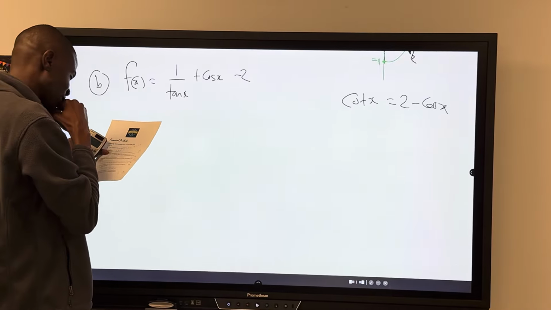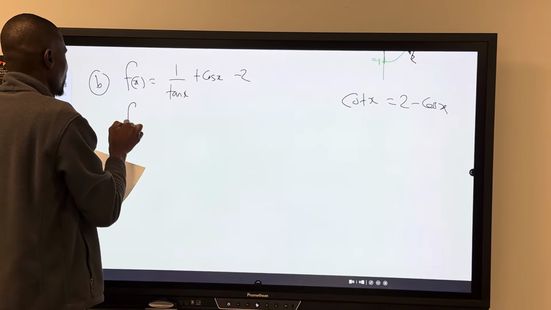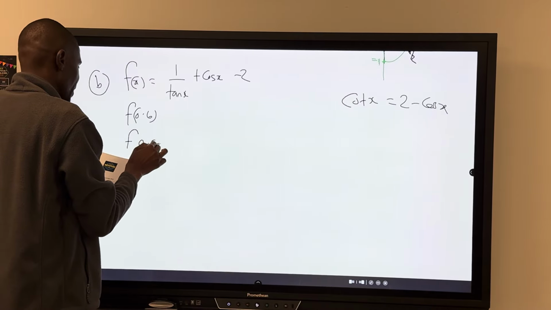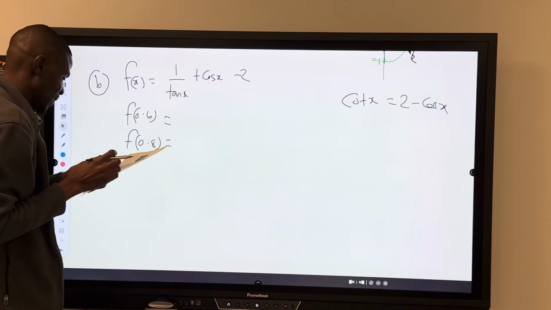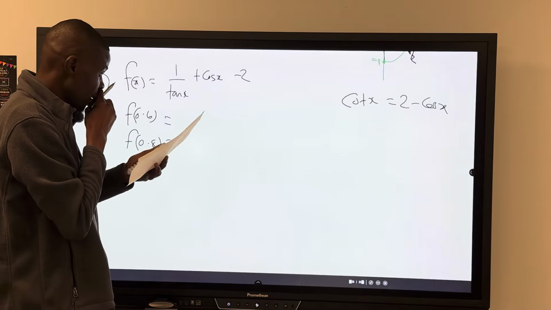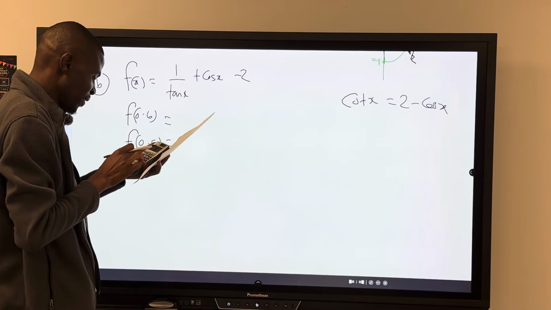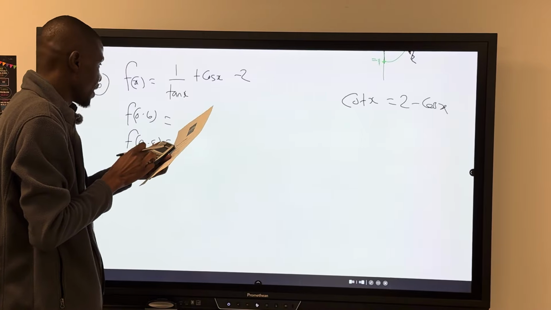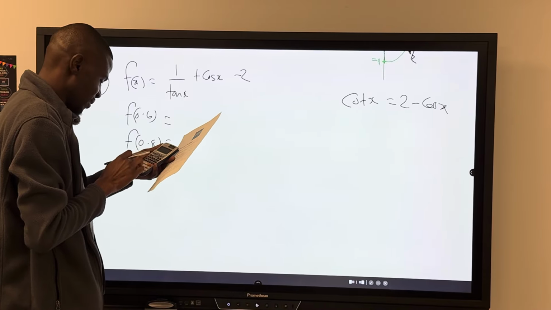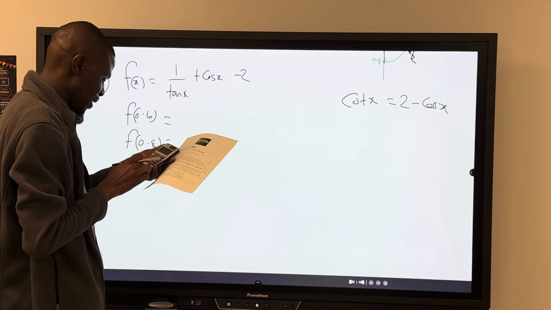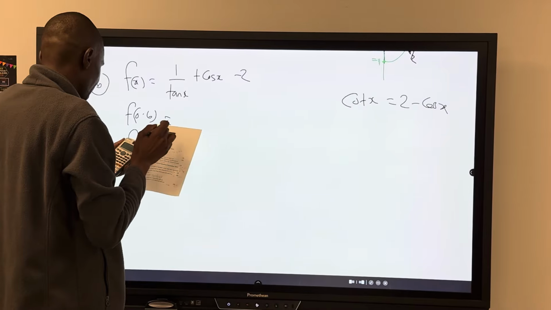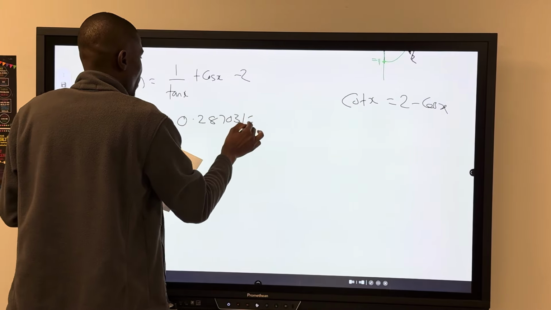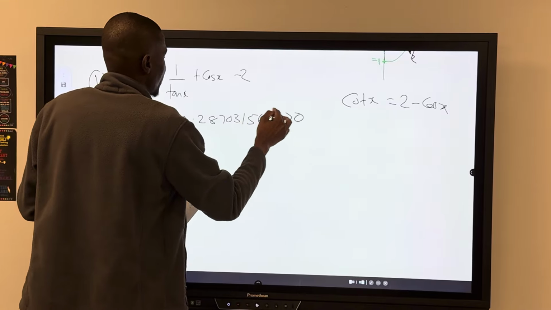Now we want to evaluate f of 0.6 and f of 0.8. So we plug in, and make sure your calculator is in radians. It's 1 over tan 0.6, plus cos 0.6, minus 2. I'm getting 0.28703156, which is greater than 0.